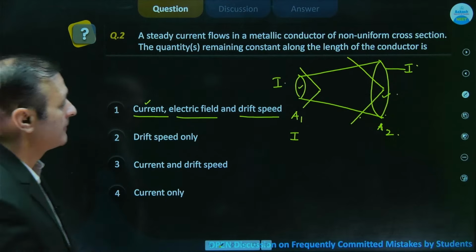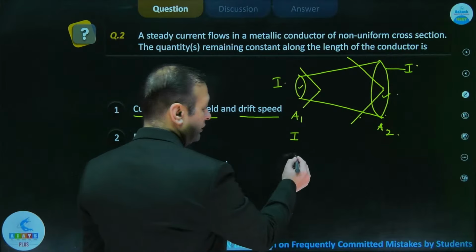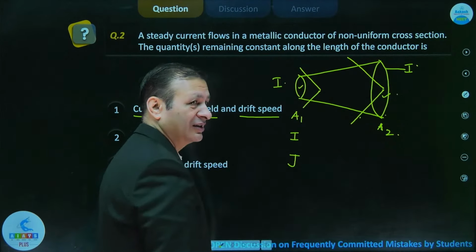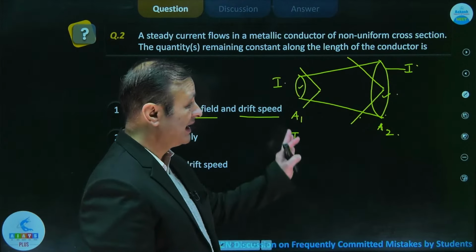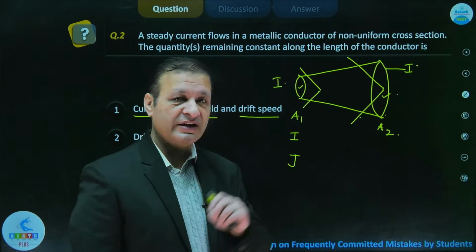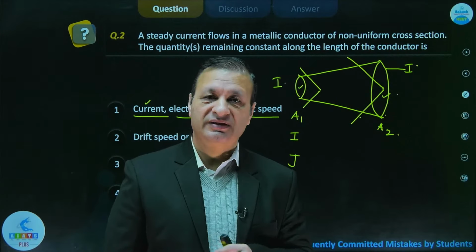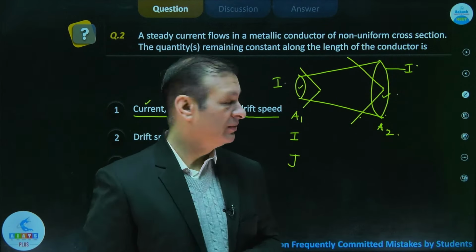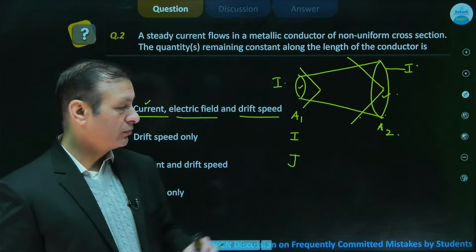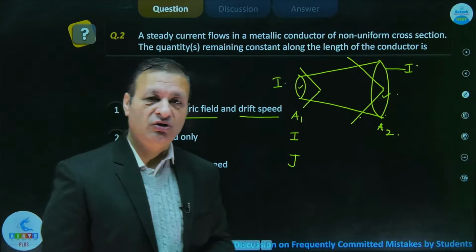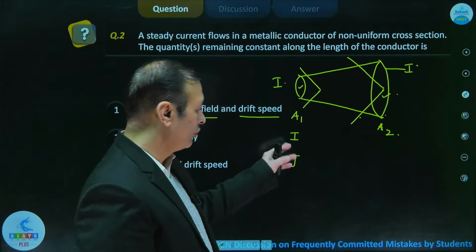Got it? Now you have another factor that is called current density. Current is a scalar quantity, though it has magnitude and direction. But why is it scalar? That is again very important, because it does not obey the vector addition laws or parallelogram law.